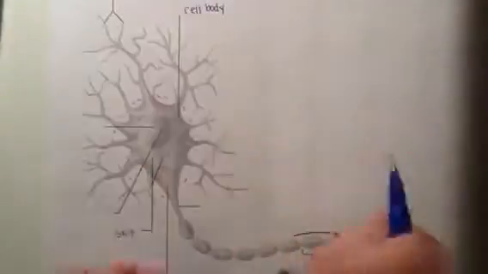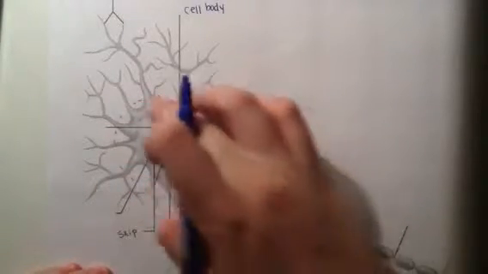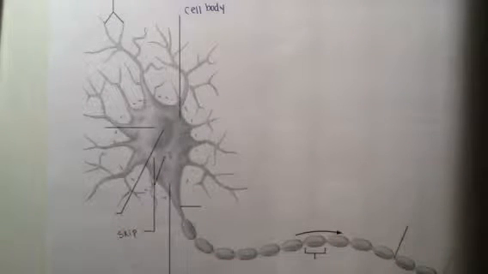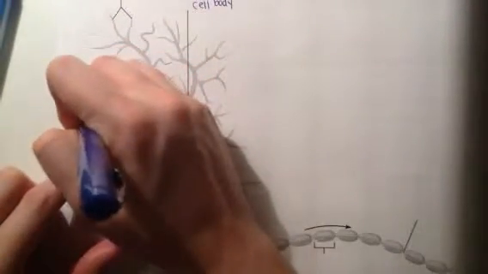Some of my kids last year said it kind of looks like an egg. But this part in the middle is the cell body. Inside of that cell body, it is a cell. It's just like any other cell. It's got to have a nucleus, it's got to have a nucleolus, it's got to have organelles. And so inside of that, we will have a nucleus.